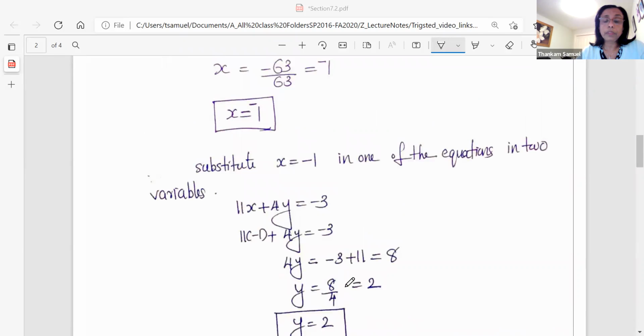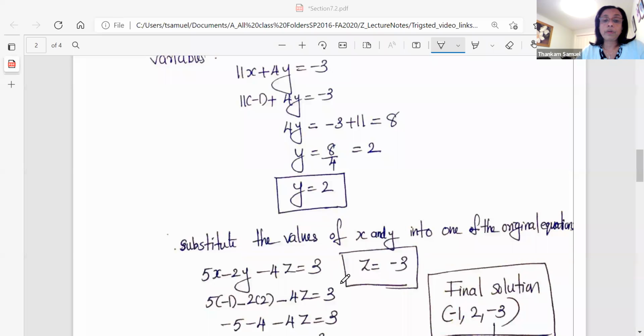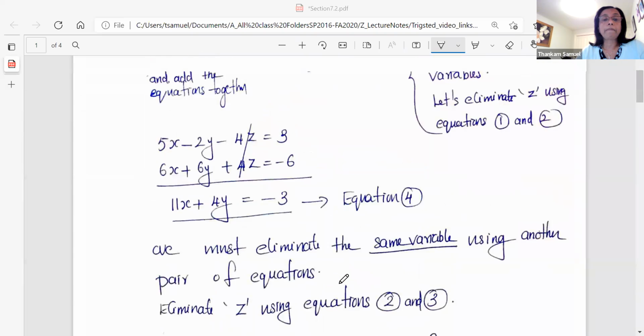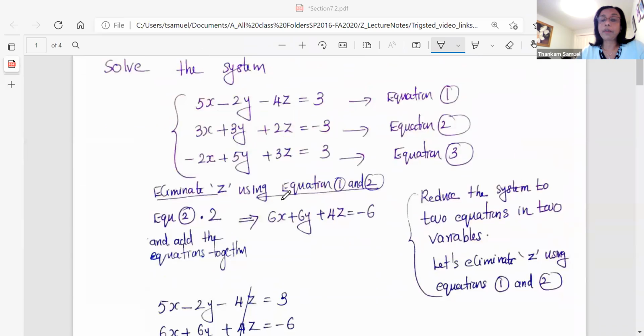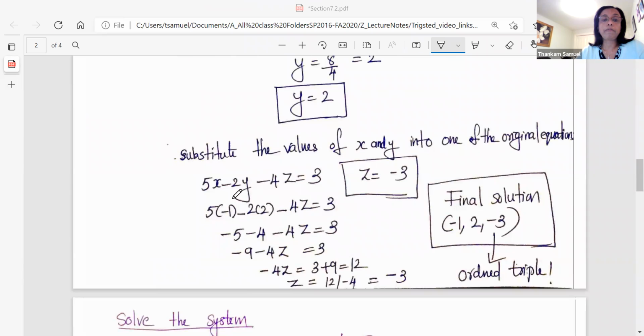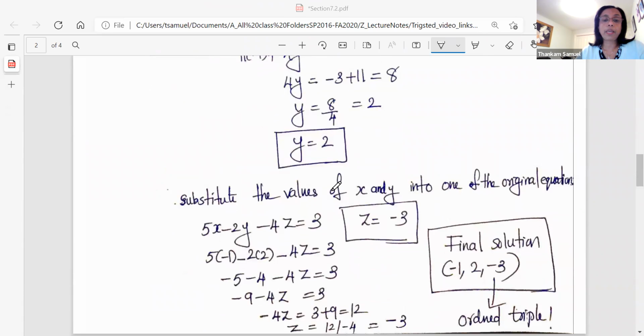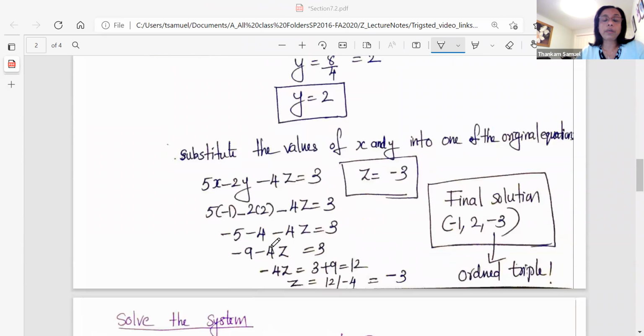Then consider one of the original equations. That means an equation that contains three variables. So we have three equations in three variables. You can select one of these three equations. Let's take the first equation, 5x minus 2y minus 4z equals 3, and substitute x as -1 and y as 2 in the given equation.